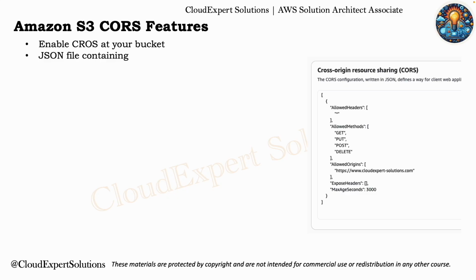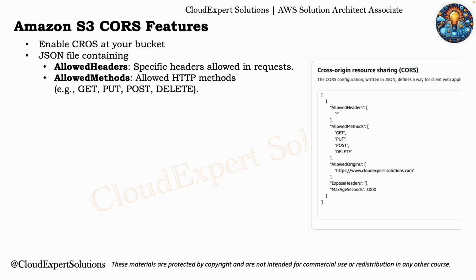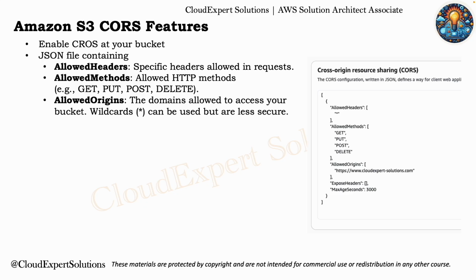In that configuration, the most important parts are allowed headers, that means the specific headers you are allowing, and you can give either specific headers, or if you use an asterisk, that means you are allowing all the headers. Then allowed methods. Here you can allow HTTP methods like GET, POST, PUT, DELETE, whatever you want. The third part is allowed origins. You can allow any specific domain to access your bucket.